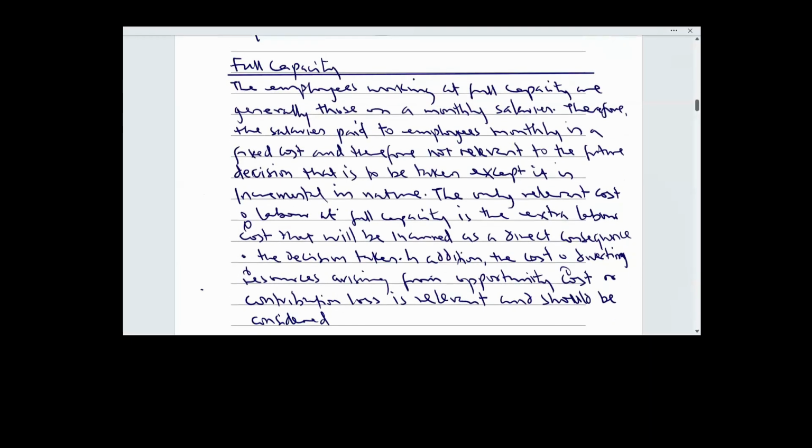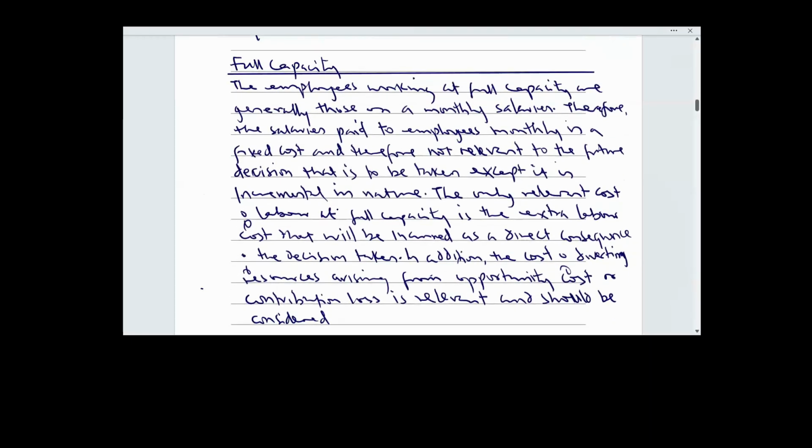Now, what we are saying is that the salary that will be paid to an employee working at full capacity is irrelevant. Why? Because it is fixed. It is a fixed cost. Fixed cost is irrelevant cost, except it is incremental in nature. However, the only labor cost associated with an employee at full capacity is the extra labor cost that the company will incur as a result of the decision taking.